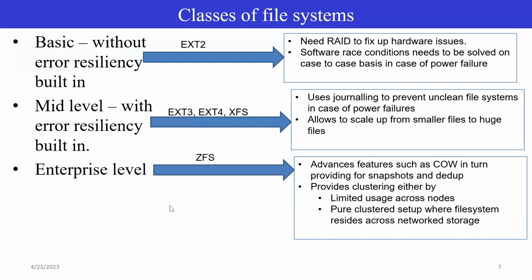What it does is look for blocks which are closer to each other, because of the mechanical, cylindrical nature of the disk representation. You want to write adjacent sectors together. You don't want to write one sector here and then another elsewhere, because to go to the new sector, the magnetic drum has to spin so much.